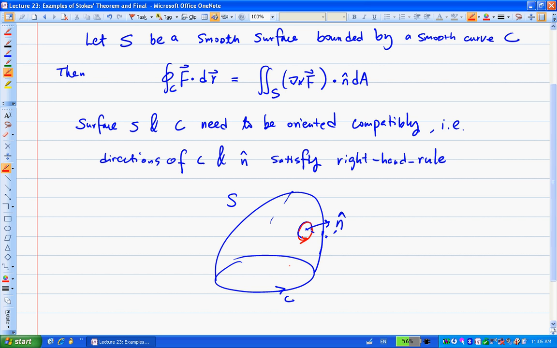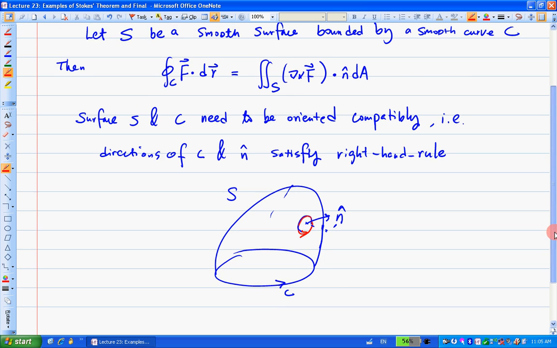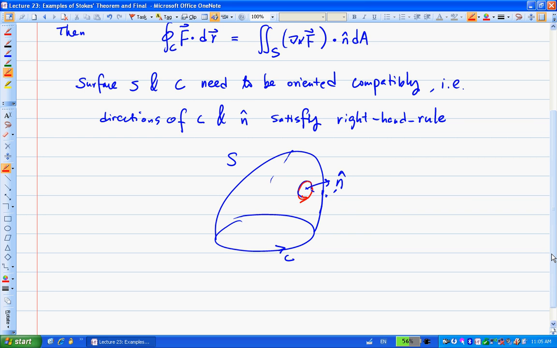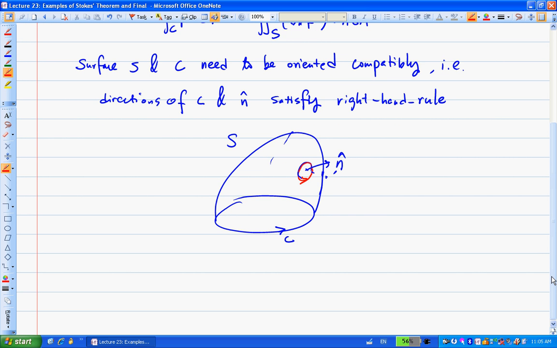Then use your right-hand rule, and the thumb is the n hat direction. So pick the n hat properly, because it's a 50-50 chance anyway, and if you pick it wrong, you get a negative sign basically.